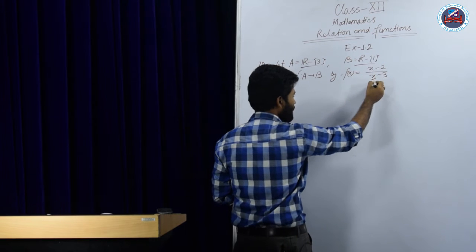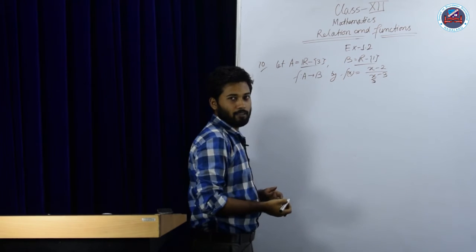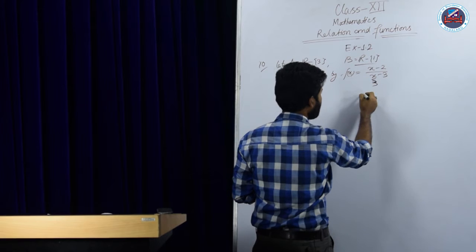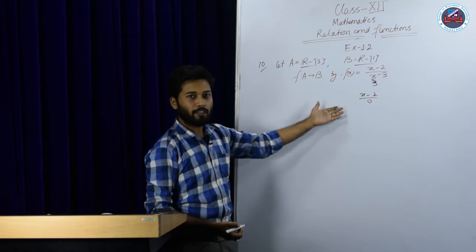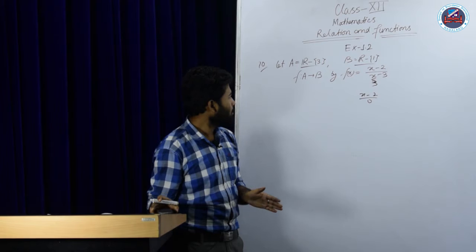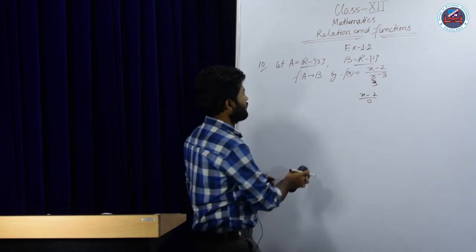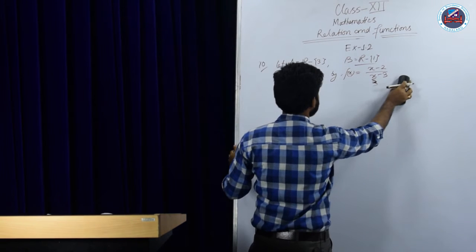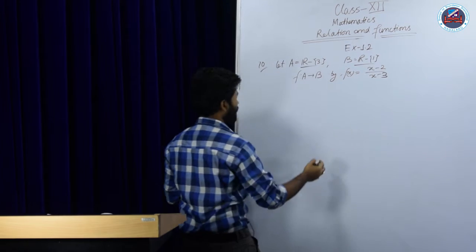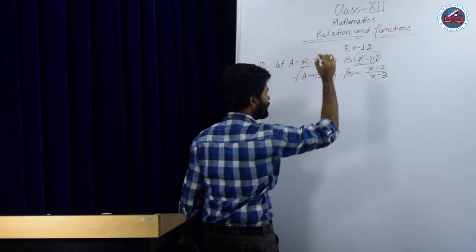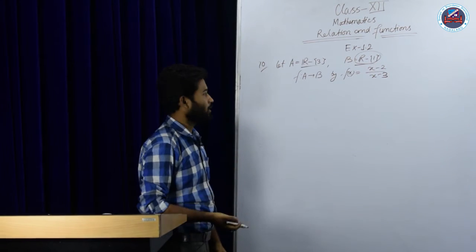So in place of x, if I write 3, then it will be x minus 2 by 0, and the function will be undefined, isn't it? So the domain has been taken as R minus {3}. And we shall see later why they have considered R minus {1} for the codomain.